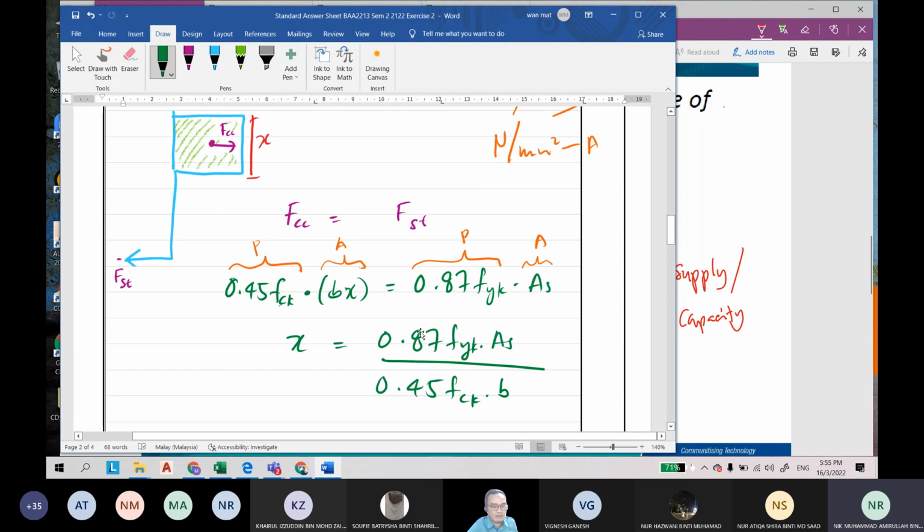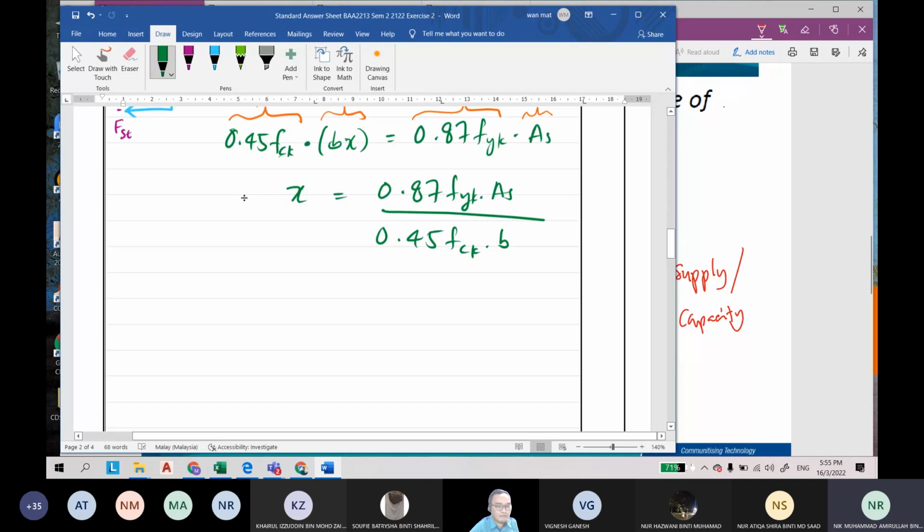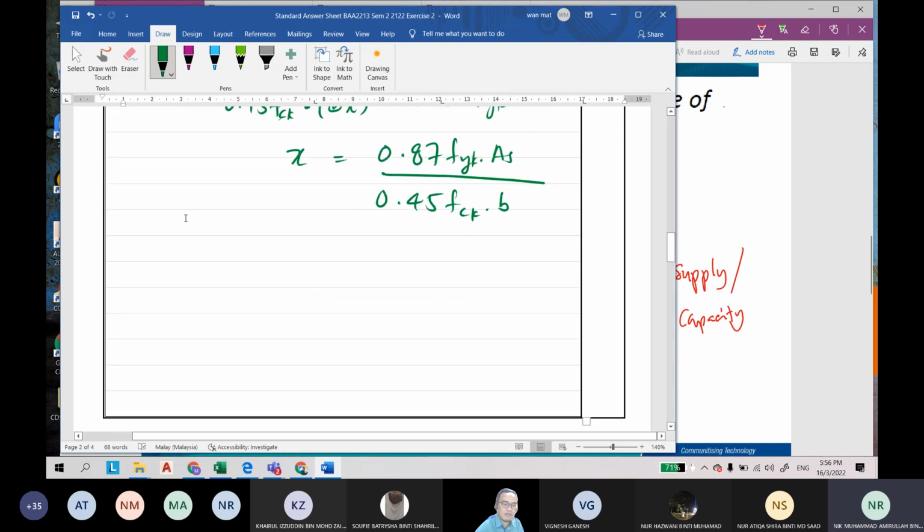And then simply calculate the bending moment here. This is the Z, and then D minus... D. So the bending moment is this one.